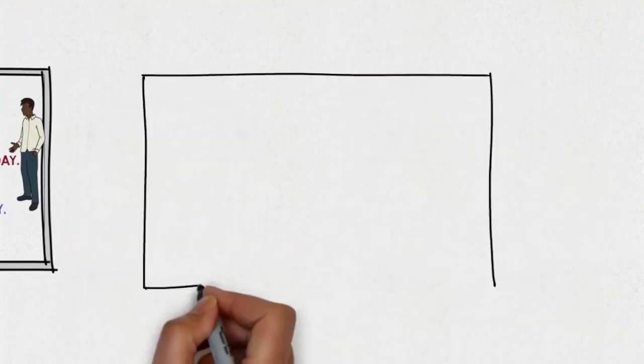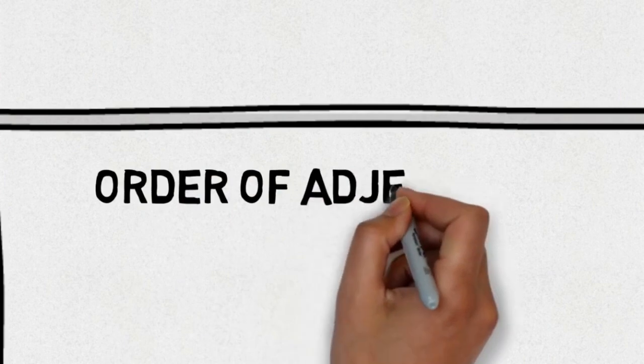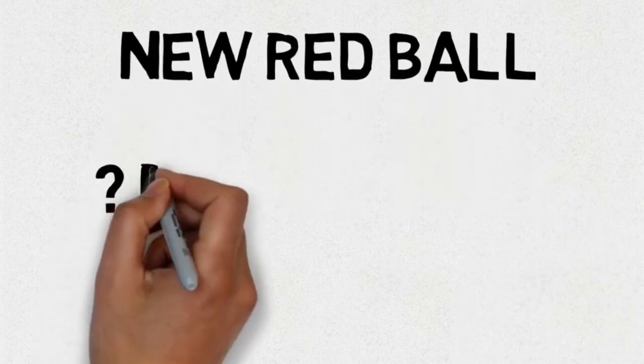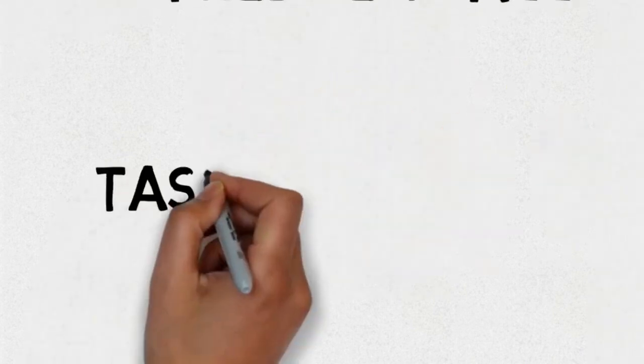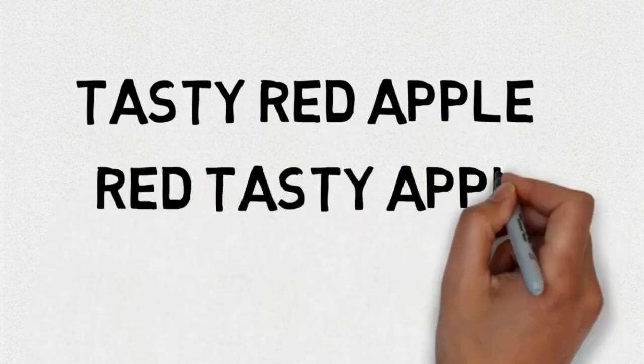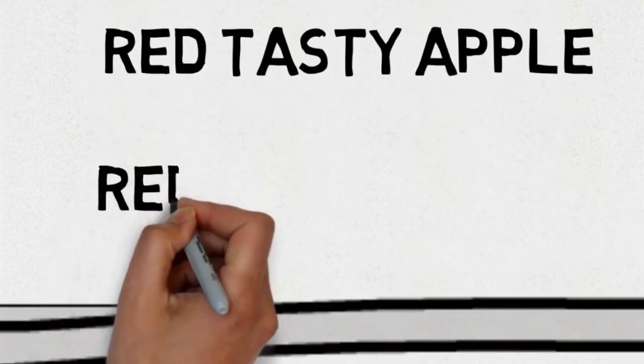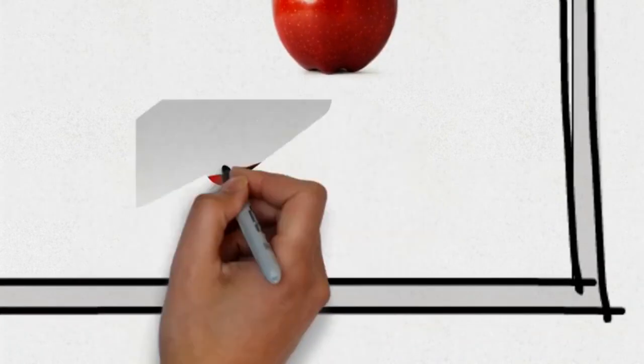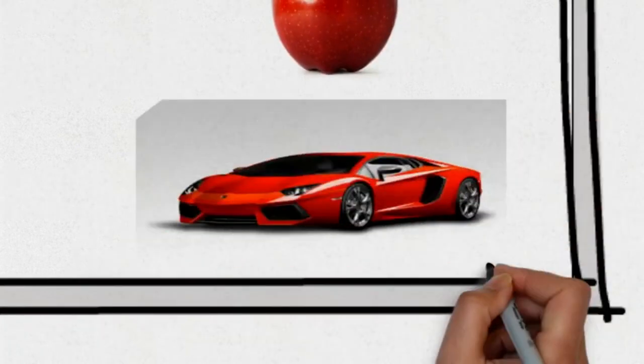If we have more than one adjective in English, we should follow a certain pattern. People tend to say a new red ball, not a red new ball. We also hear about a tasty red apple, not the other way around. Why does the color red in a red sports car not come close to the noun, unlike the above examples?